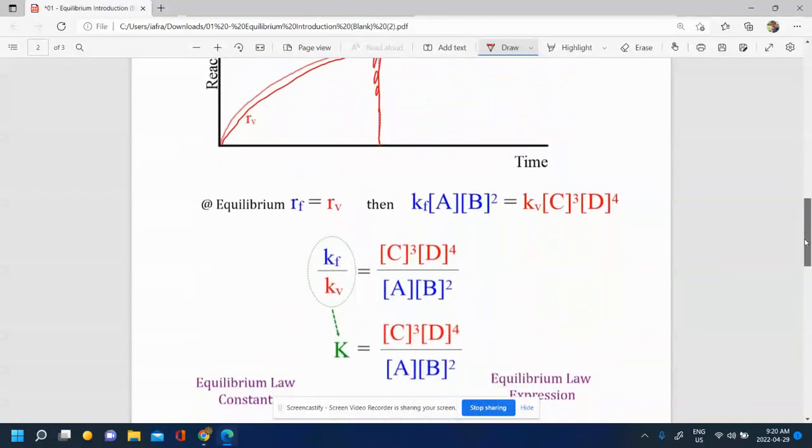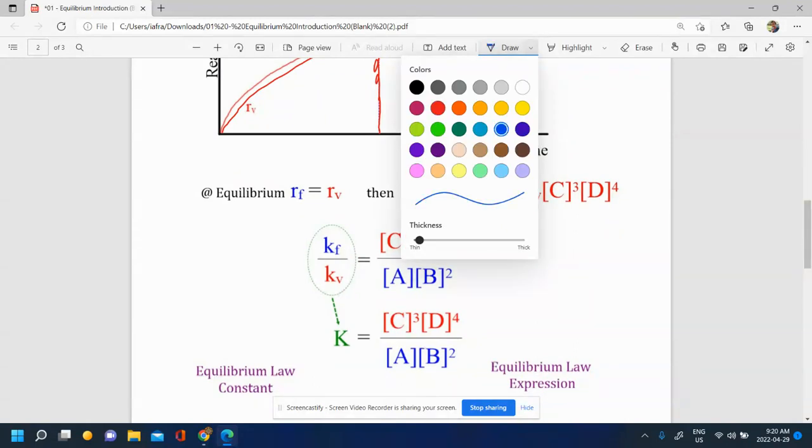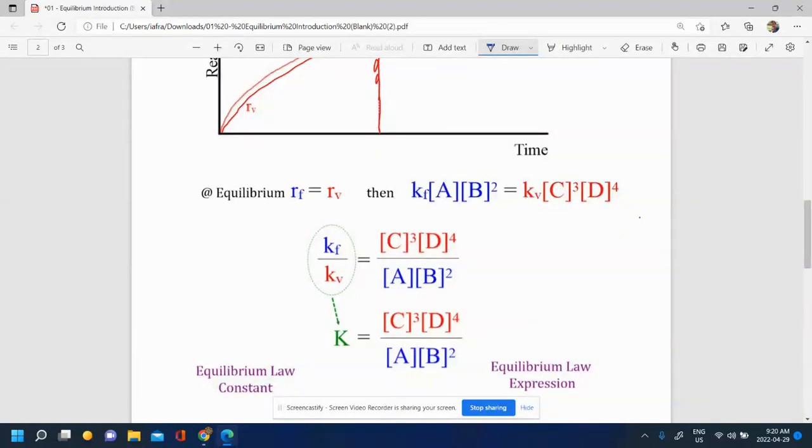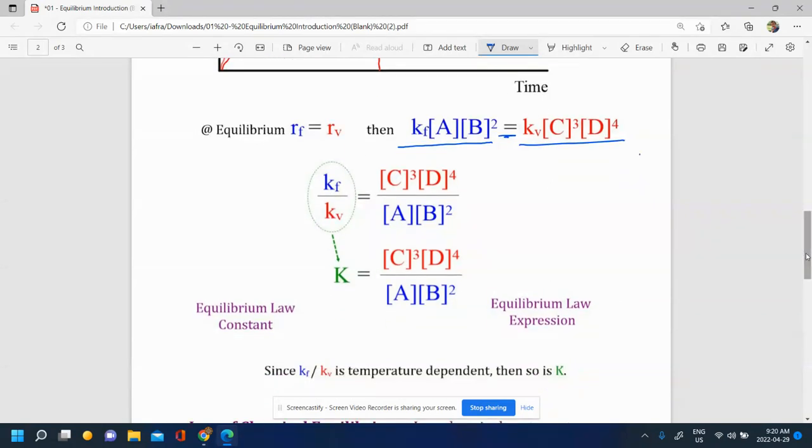So mathematically, you could represent it as seen here. So here we have the forward reaction rate equal to the reverse reaction rate. And essentially what you can do is you can create a ratio to isolate for the rate law constants here.